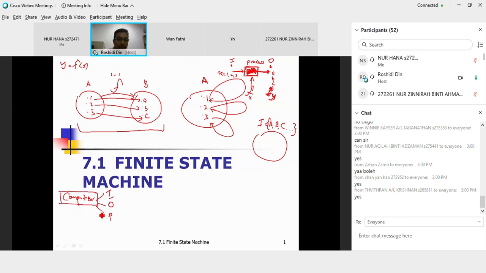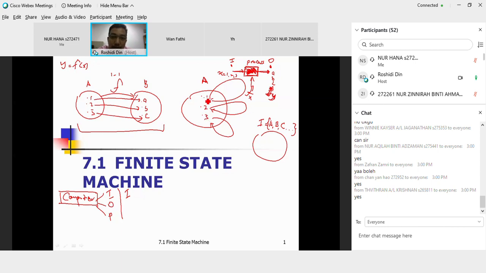From a discrete perspective, input is represented by a set. It may be a set of A, B, C, and so on. From the computer perspective, 1, 2, 3 is input.